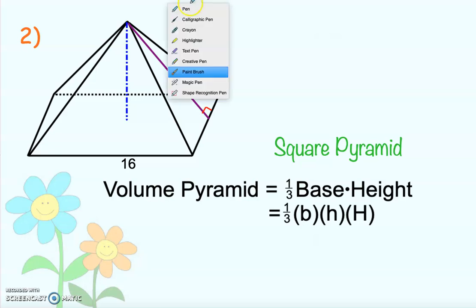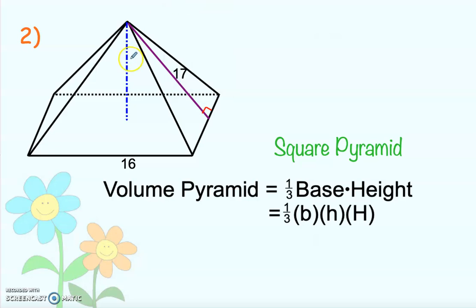Let me grab my pen. We know that that's capital H height. But how do we find out what that measurement actually is? Well, let's see here. What if we connect the very center of this base, where the height hits the base, to the slant height here?